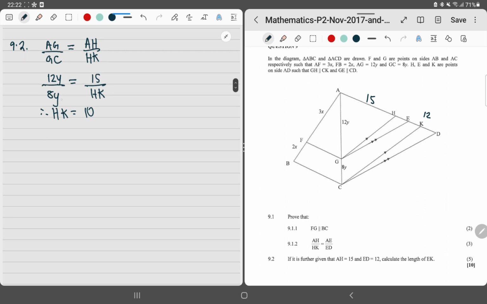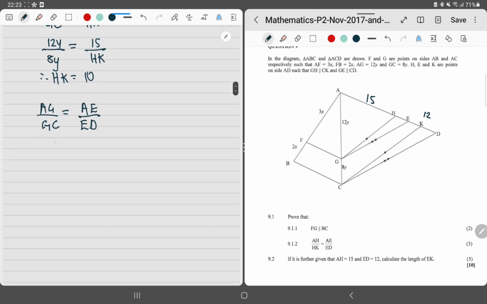And then I'm also going to do AG over GC is equal to AE over ED. AG is 12y over 8y.